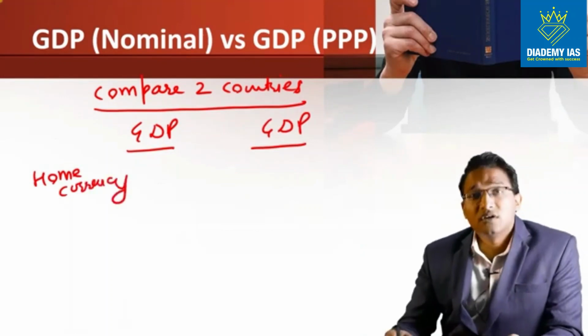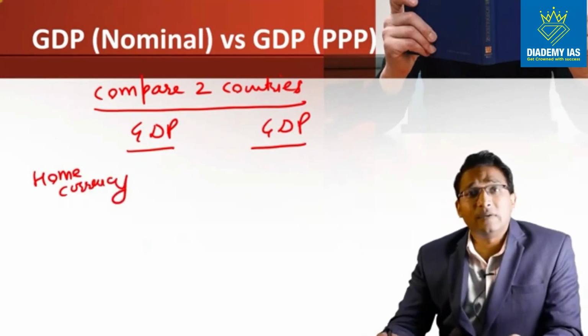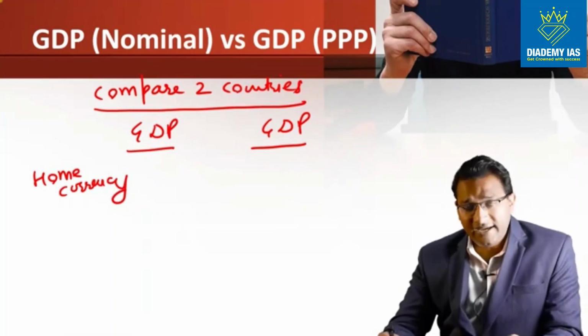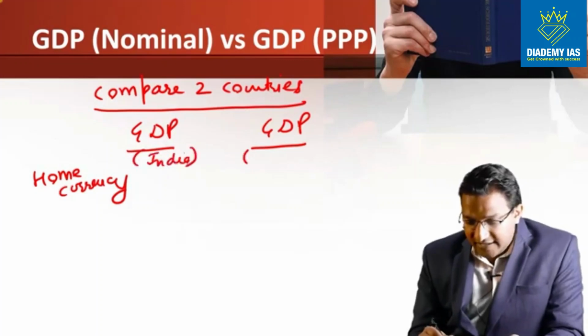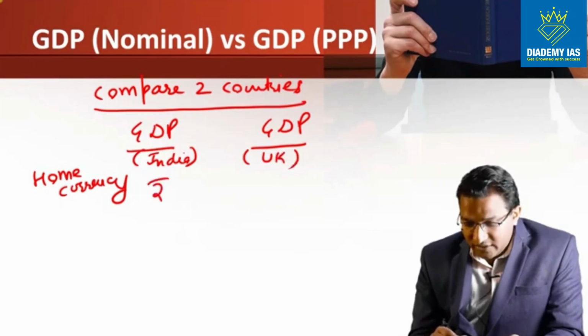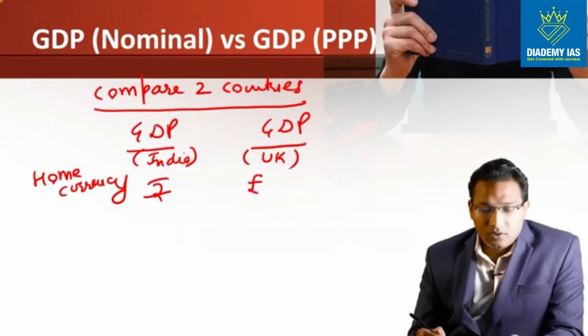Why? Because all the countries, they calculate their GDP in the home currency, right? So if we take two examples, one is India and another is UK. So India will calculate in rupees and UK will calculate in pound, right?